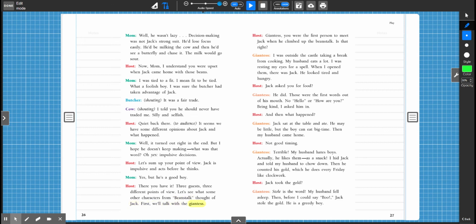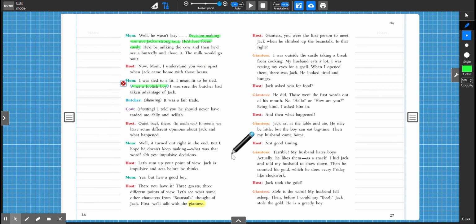All right, so we're going to stop there for today. Let's go ahead and do some more highlighting. So keep your mom colored highlighter. And she says that decision-making was not Jack's strong suit. He'd lose focus easily. And she called him a foolish boy. Okay.